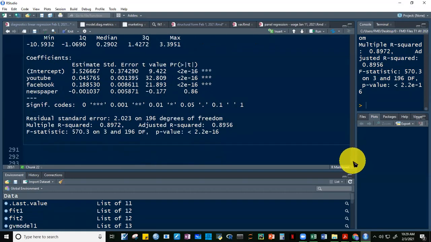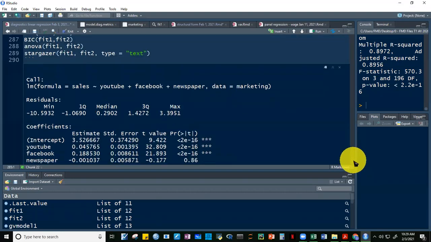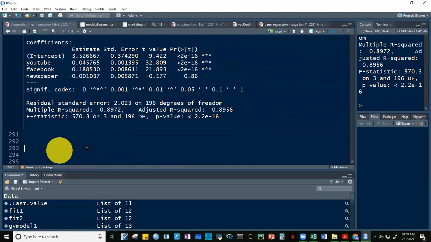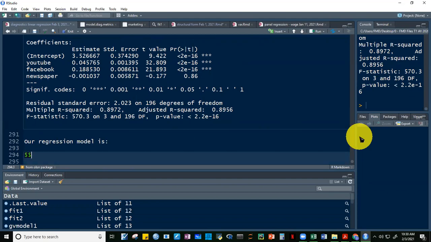Anong model natin? Let's write our model. Insert our regression model is, sige nga, practice nyo nga, guys. Dollar sign. Okay? Let's center it, no? So si sales underscore I. Wala tayong backslash dito, guys, kasi hindi naman Greek letter yan na gusto natin.